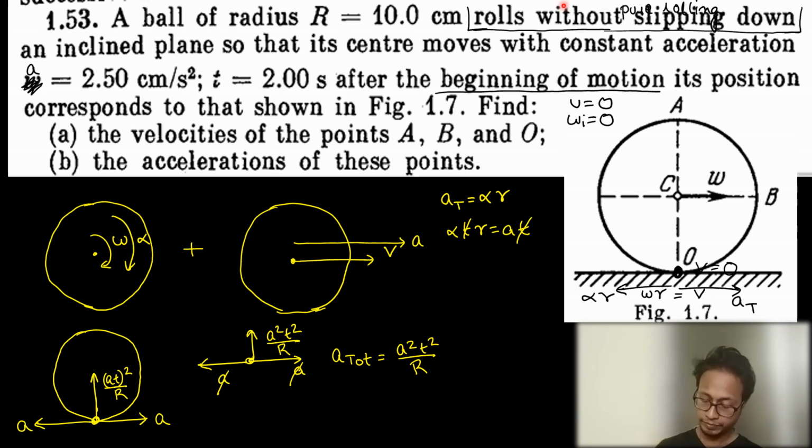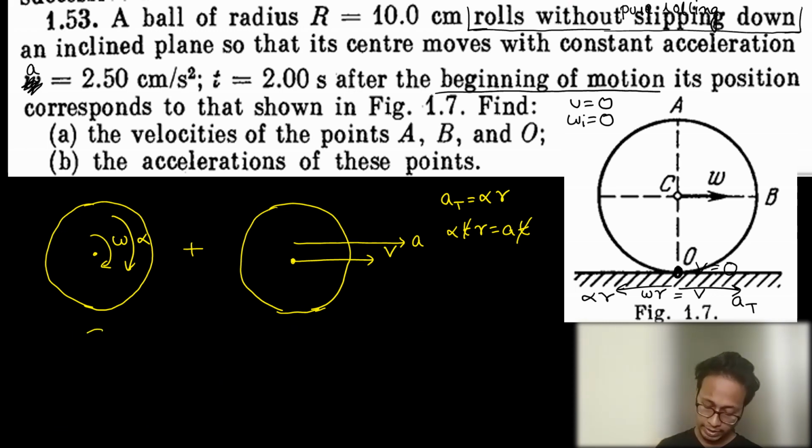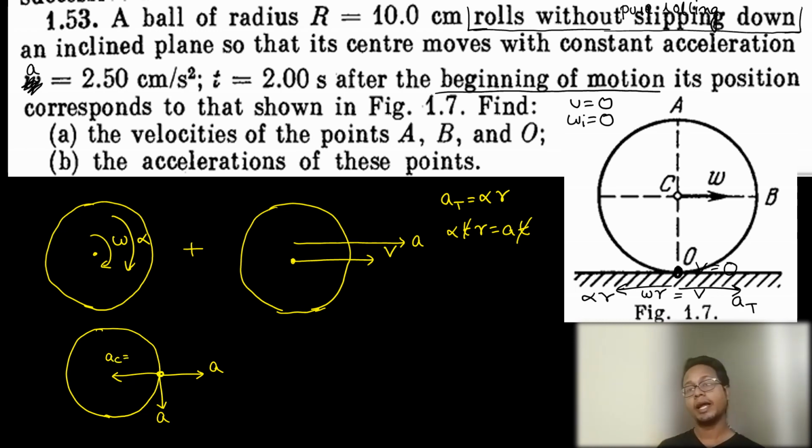Now we focus on the acceleration of point B. For point B, the translational component of acceleration has a value of a. The rotational component has a value of alpha into r, which is equal to a, for pure rolling. And for rotating motion, there is another component, the centripetal acceleration, which is equal to v square by r, and v square here is nothing but a square t square by r.